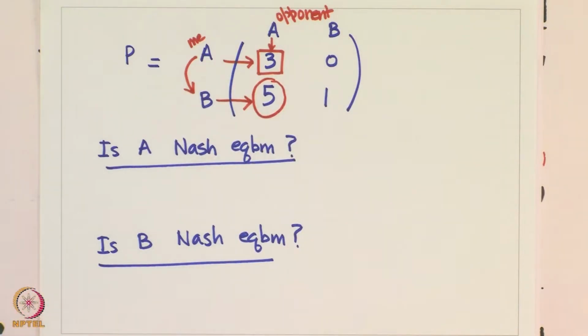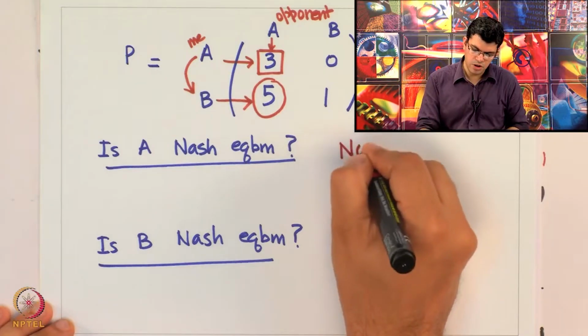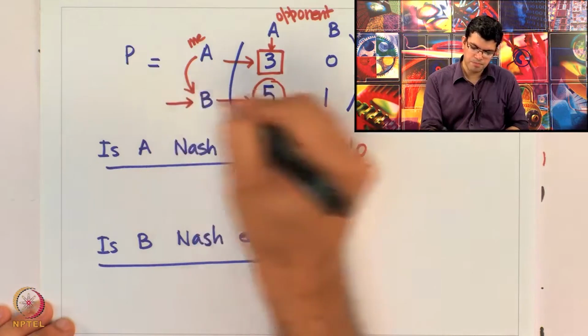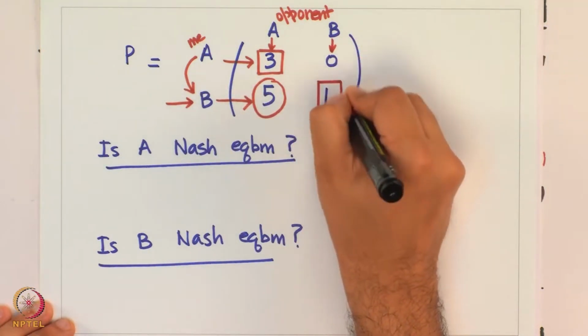Nash equilibrium says that if you can increase your payoff by switching, then that particular strategy is not a Nash equilibrium, hence A is not a Nash equilibrium. On the other hand, if both the agents are playing with strategy B, this is their payoff, 1.